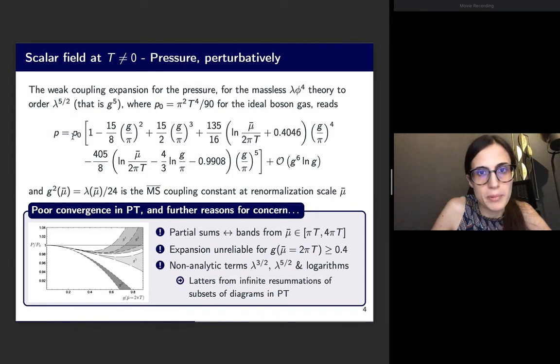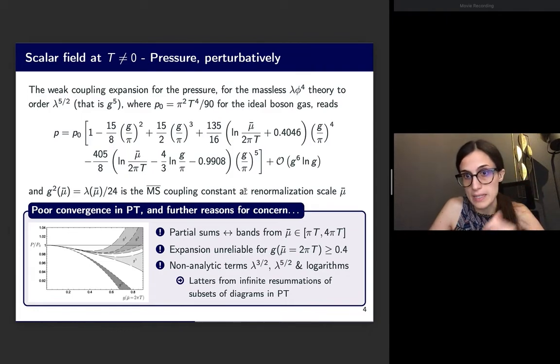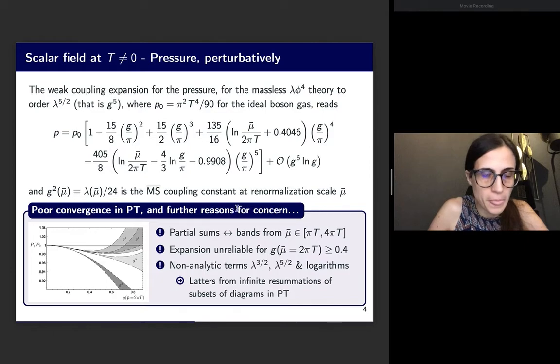And of course, there is a prefactor, P0, which is what you would get for an ideal boson gas. And then you have the perturbative expansion, and g squared is the MS-bar coupling constant at some renormalization scale, which we dubbed mu bar.